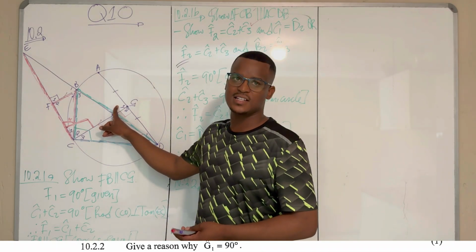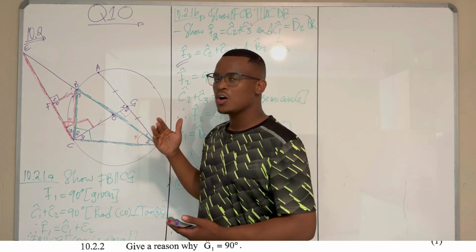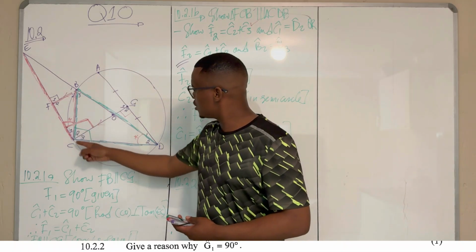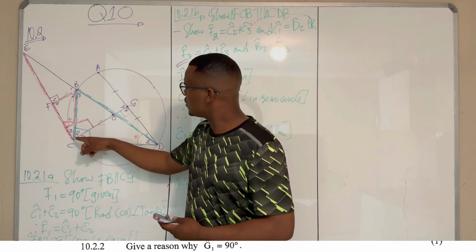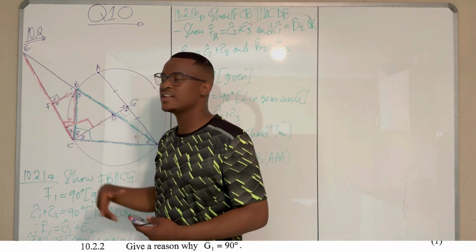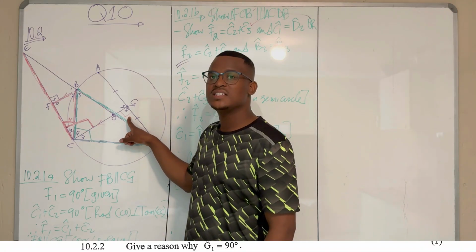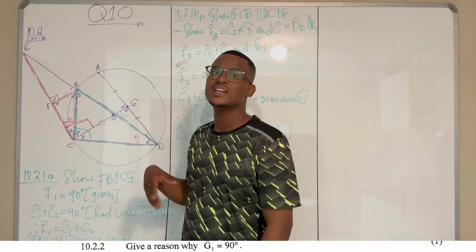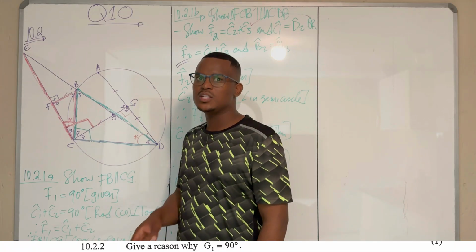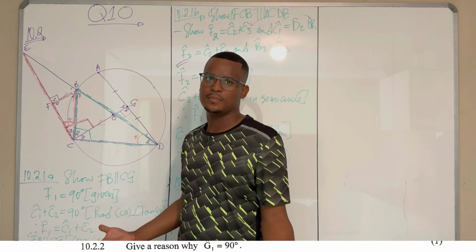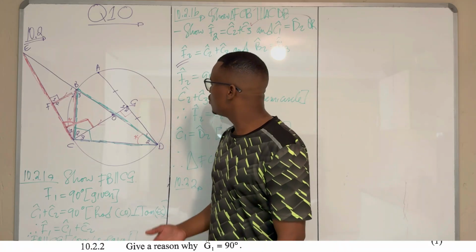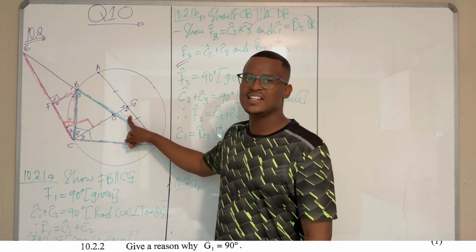Look, the original diagram I've drawn in purple. All the green or red information is what I've added myself. This 90 that I've placed here is red, not purple, which means it was not part of the given diagram. So they're asking why this angle is 90 degrees.